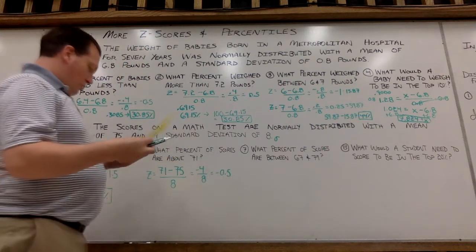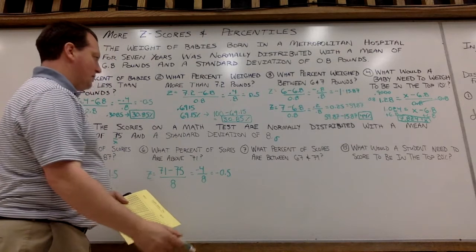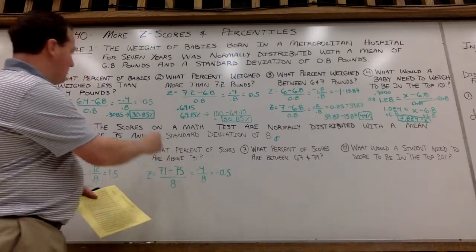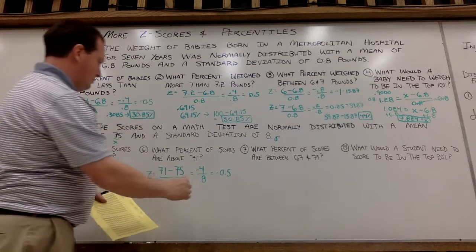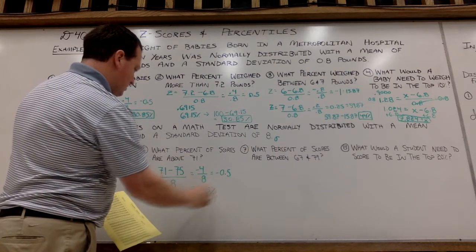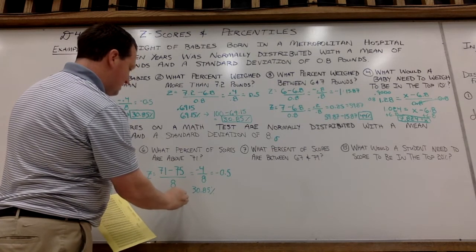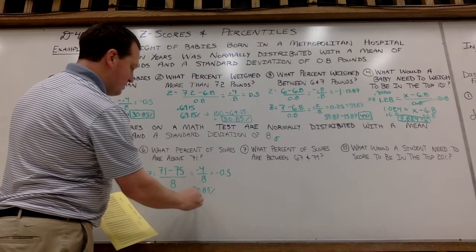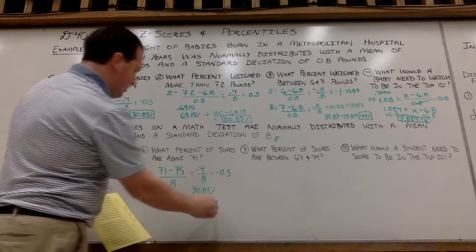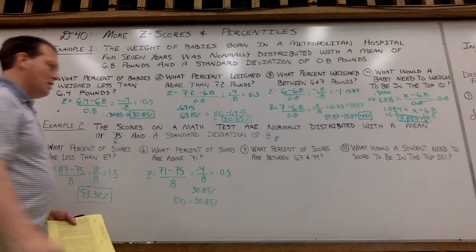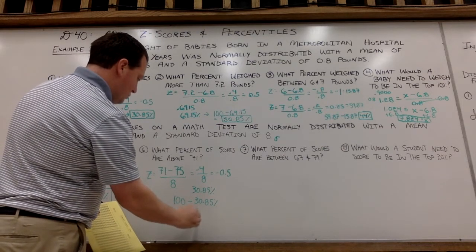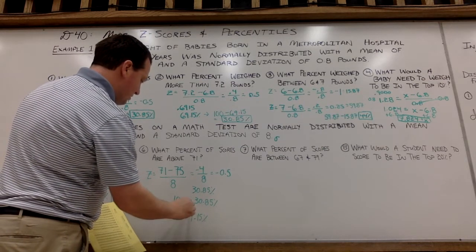So negative 0.50 is the one we found up here, just so you're aware, 30.85%. And then finding the percent above, I'll take 100 minus the percent below. 100 minus 30.85% will leave me with 69.15% above.